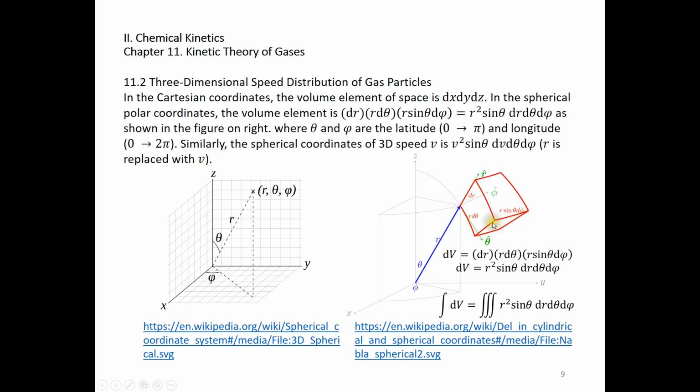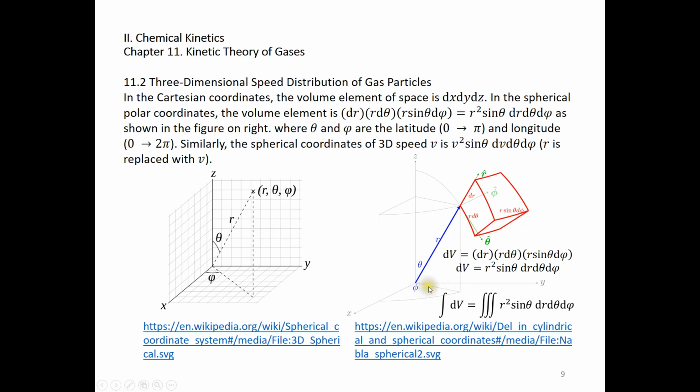This one is a little bit tricky because it contains three components. You do have r sine theta and d phi. If we project this three-dimensional vector onto the xy plane, the length over here is r sine theta. And then we have an angle phi here.